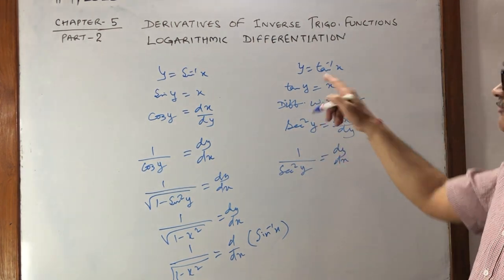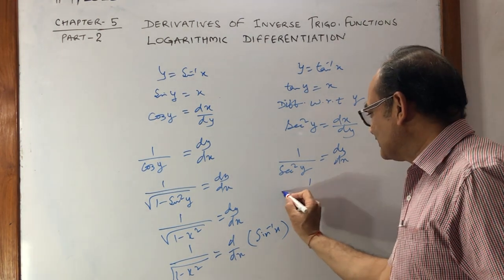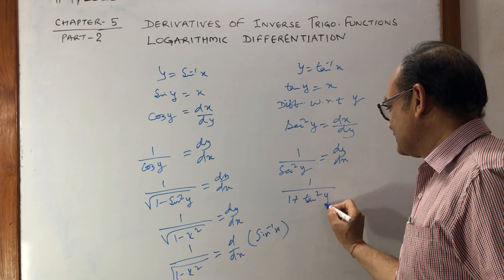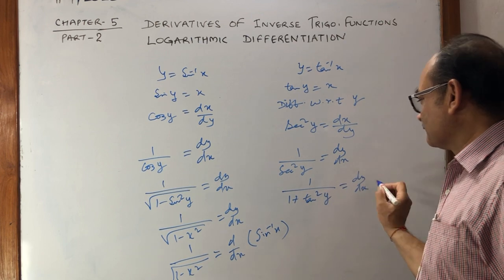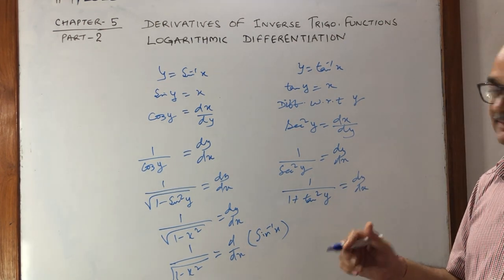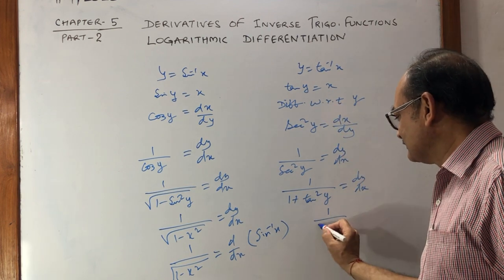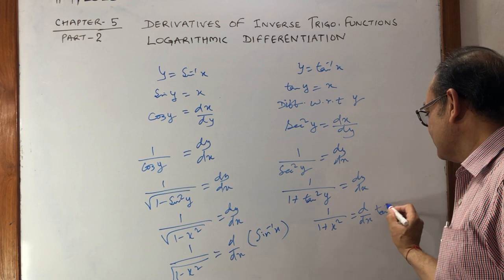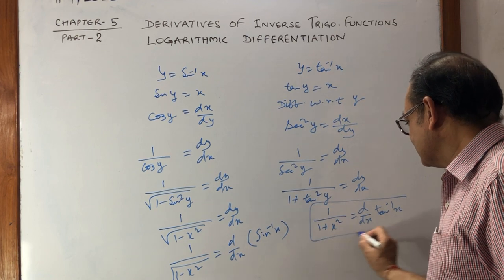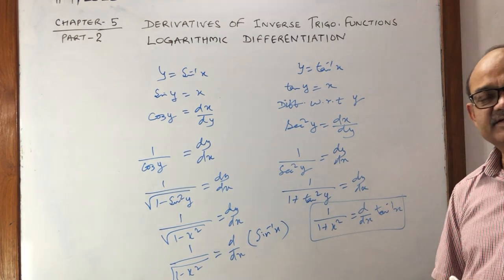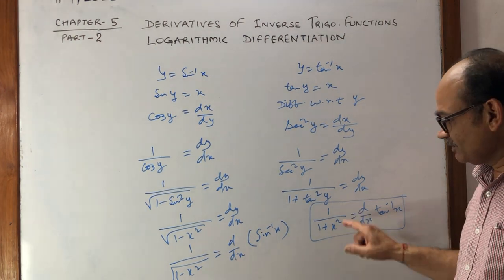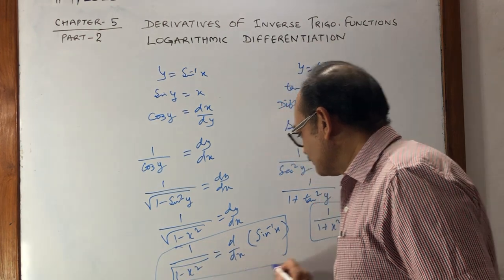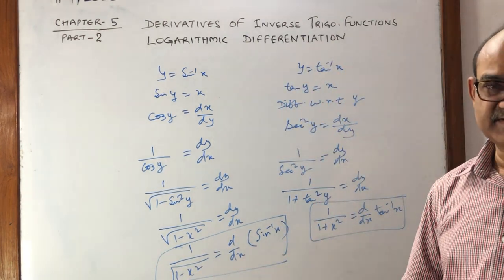Again applying the class 10th identity, sec square means 1 plus tan square, and tan y is x. So d by dx of tan inverse x is 1 upon 1 plus x square. And d by dx of sine inverse x is 1 upon root 1 minus x square.